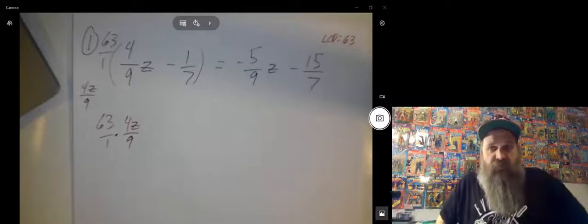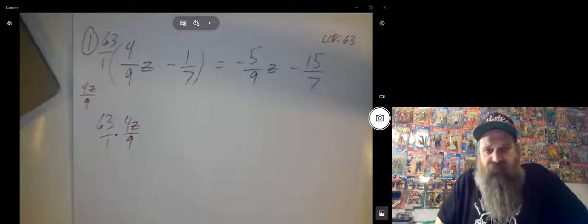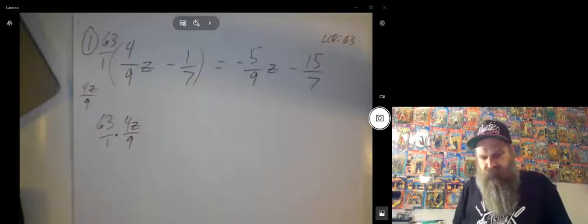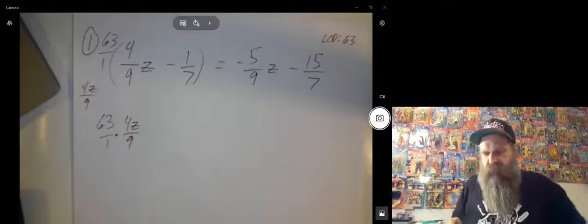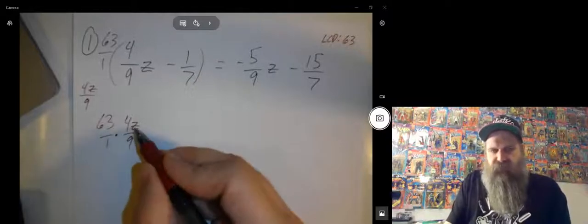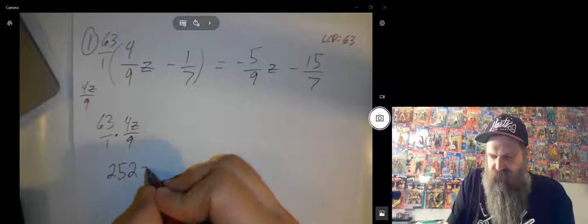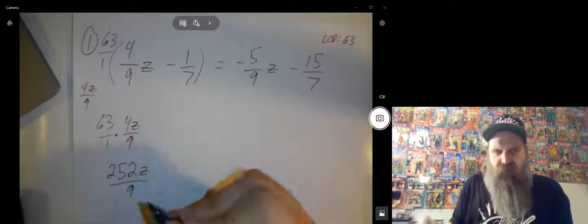I think my 0314 students prefer to just do it in the next step, so in that case, 63 times 4z is 252z over 9.